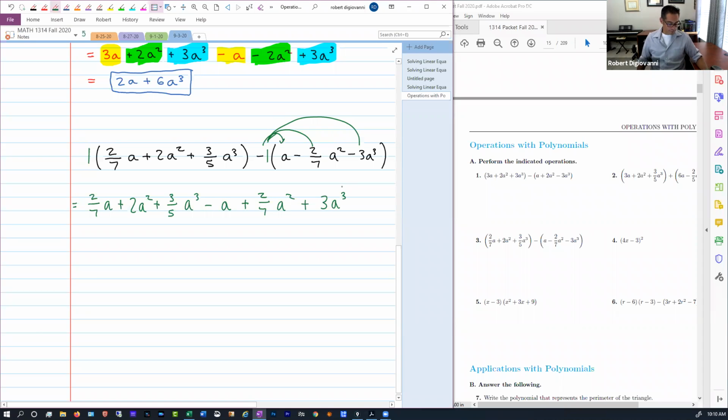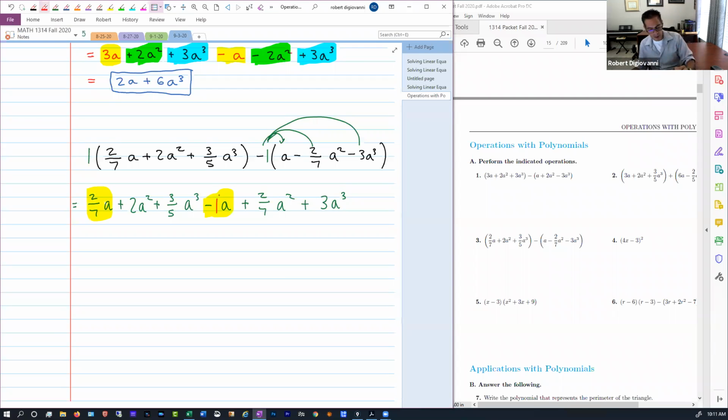All right, Abby, tell me about like terms. What do you want to start with? The 2/7 a. And then the -a, with the -1. Yeah, so Abby just said that's a -1. This is very important because in order to combine those together, you have to put their coefficients together.